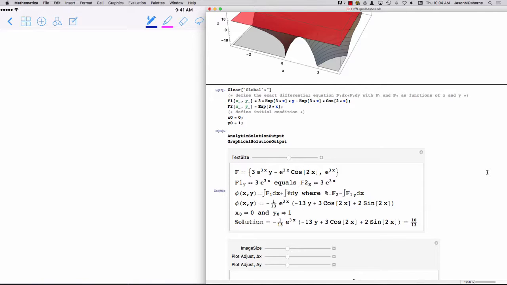Okay, so our solution comes out to be phi of t comma y, okay, is minus 1/13 e to the 3t multiplied by minus 13y plus 3 cosine of 2t plus 2 sine of 2t. I will move the code out of the way in just a second. And then our constant is equal to 10 over 13. Okay. So here's our solution.